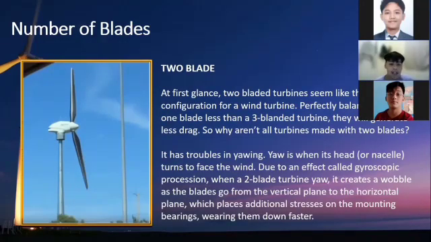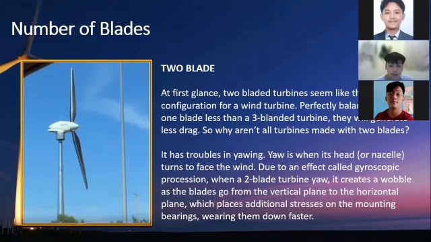Two-blade. At first glance, a two-bladed turbine seems like the optimal configuration for a wind turbine, perfectly balanced. And with one blade less than a three-bladed turbine, they will generate less drag. So why aren't all turbines made with two blades? It has trouble in yawing. Yaw is when the head or nacelle turns to face the wind due to an effect called gyroscopic precession.